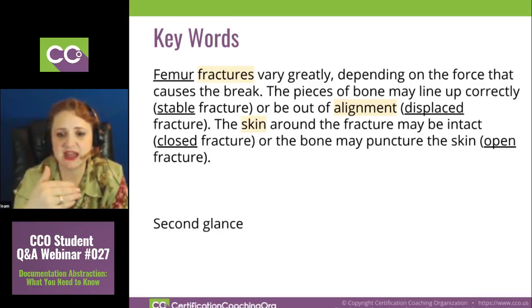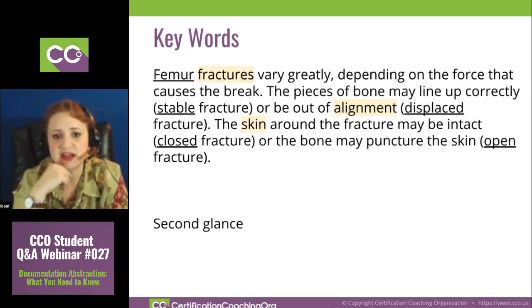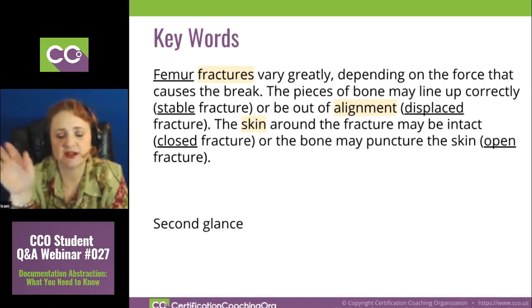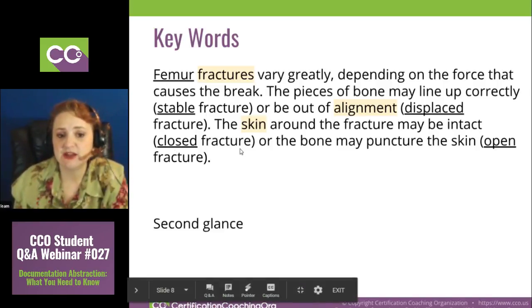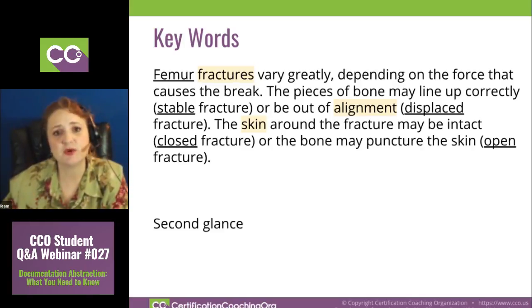Okay, so at a second glance, everything underlined should leap off the page. That's what I'm going to learn about. I don't need to read anything else. And if you know the difference between closed and open fractures and how that relates, maybe you already know that information. It just becomes fodder then. You don't ever have to look at that again because you know it.